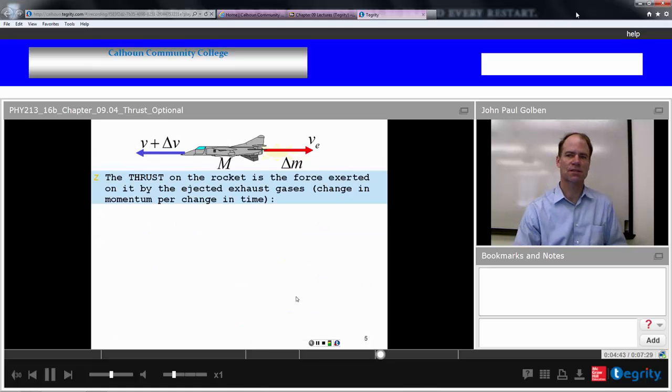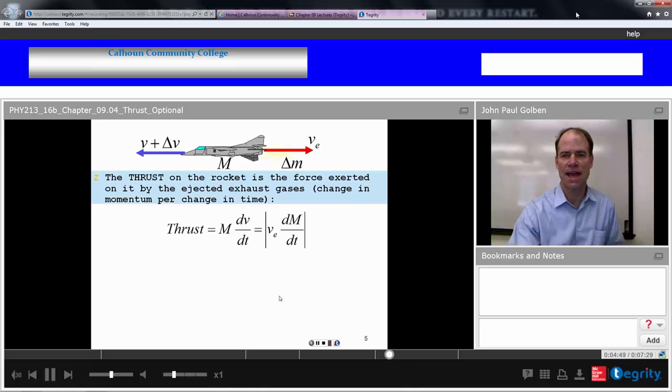The thrust will be this momentum of the exhaust per time. So it's the force exerted on it by the exhaust gases. The thrust, the mass times the acceleration of the rocket, is equal to the velocity of the exhaust gases times the change in mass per time.